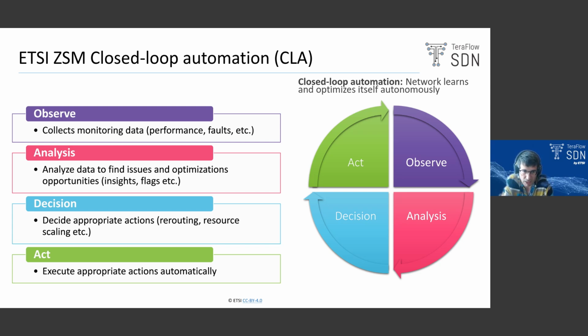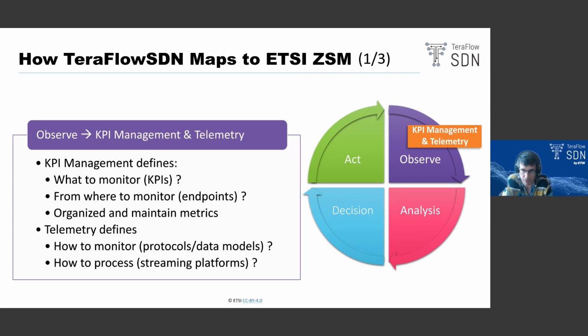Analysis helps us to analyze the data, to find issues, optimization opportunities, to have insights, and so on. Decision helps us to decide appropriate actions, and act makes us implement them. So let's see in closer detail what each of these phases is and how it is implemented in TeraFlowSDN.